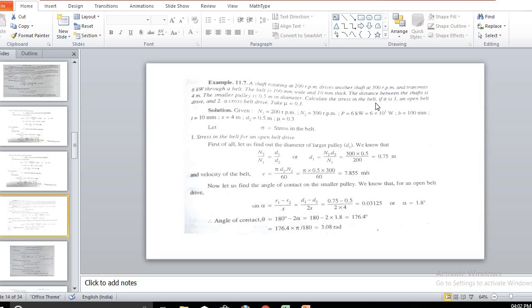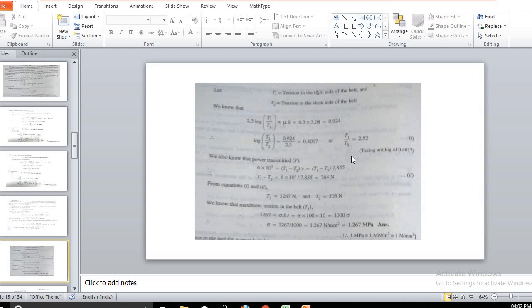So the task now is the T1 calculation, the maximum tension calculation. That you can calculate using our previous formula, 2.3 log T1 by T2 equals mu theta. By using this formula we can find the T1 value.